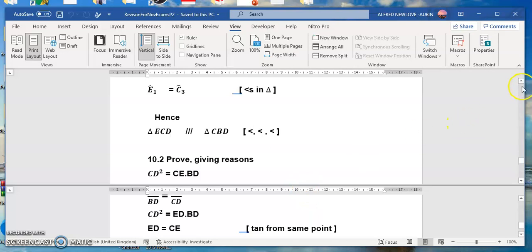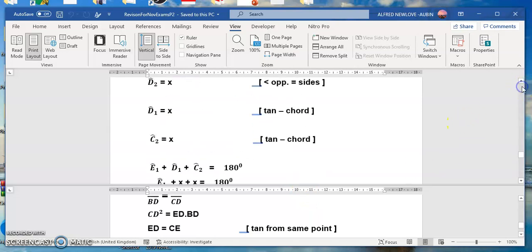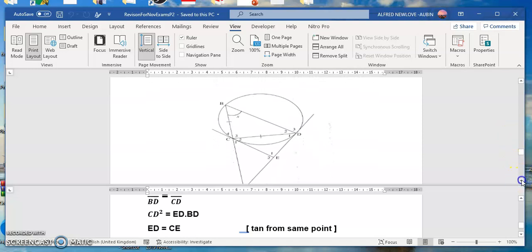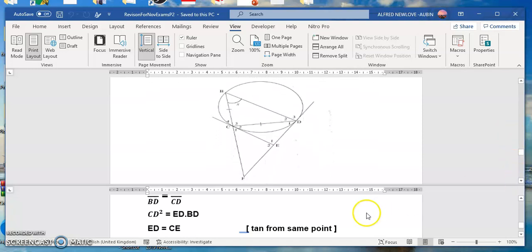How? Let me show you from the diagram. If you check the diagram here, we are saying that ED is equal to what? CE. Where is ED? ED is equal to CD. All of them are tangents. If you check, this one is a tangent. This is also a tangent.